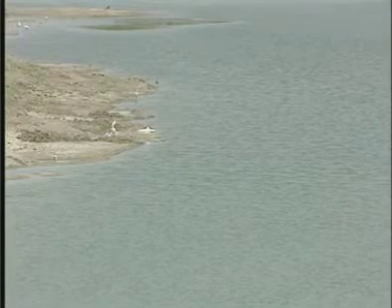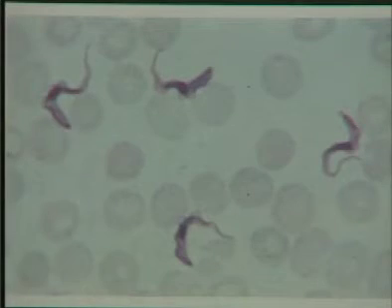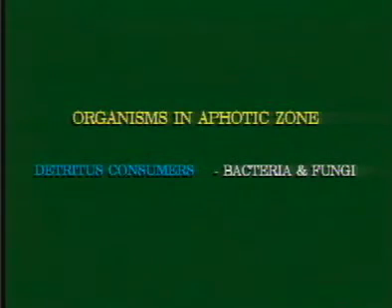In the profundal or aphotic zone, the detritus consumers and secondary consumers are met with. The detritus consumers form the major community consisting of bacteria and fungi.